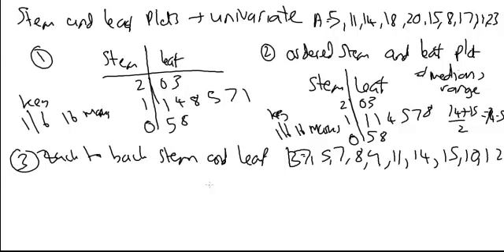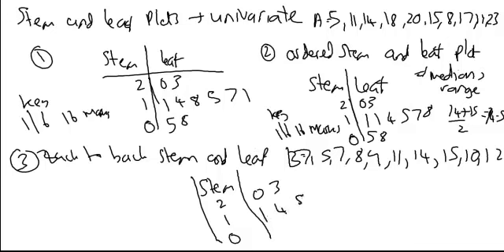So the back-to-back, it's basically the same thing. So I do stem, and I have 2, 1, 0. Now I'm not bothering about ordering them, but I could order these as well. So I'll just read this off what I did before.